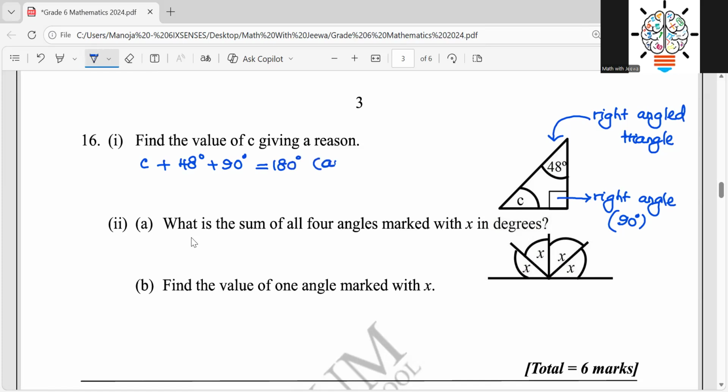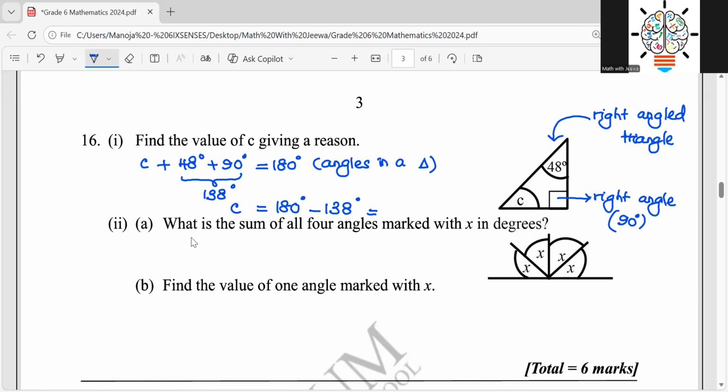So then we write angles in a triangle, right? And 48 and 90. What is the answer? 138 degrees. So then to find the C value, we write 180 minus 138.